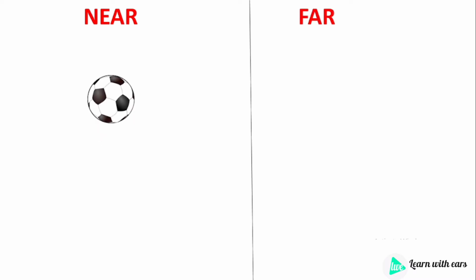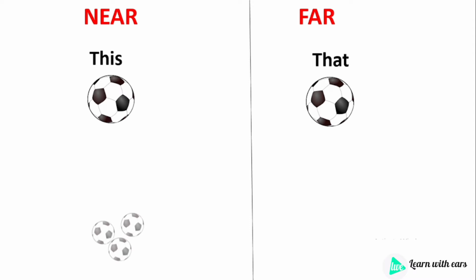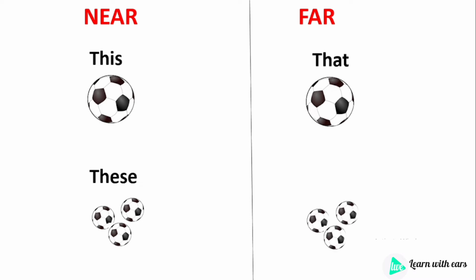Okay, so we understood near and far. If something is singular and near, we use this, and if it's far, we use that. If something is near and many, we use these, and if it's far, we use those. Okay, now let's see some more examples.